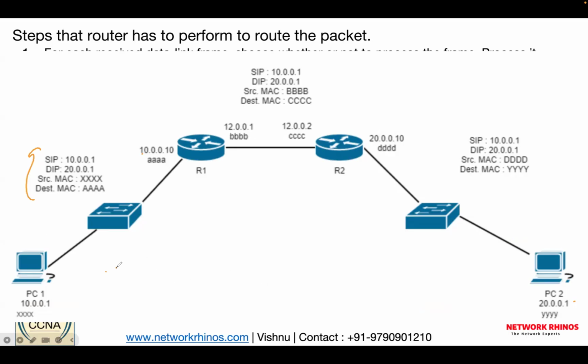Now, when the traffic is coming from here, the source IP will be 10.0.0.1 and the destination IP will be 20.0.0.1.